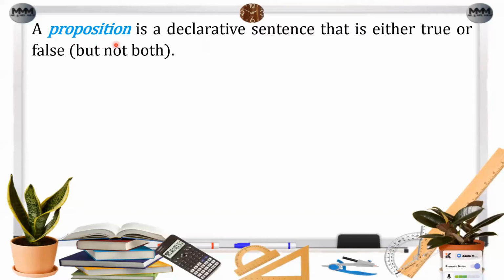Hence, a proposition is a statement or assertion that expresses a judgment or opinion, whether it is true or false, but not both.